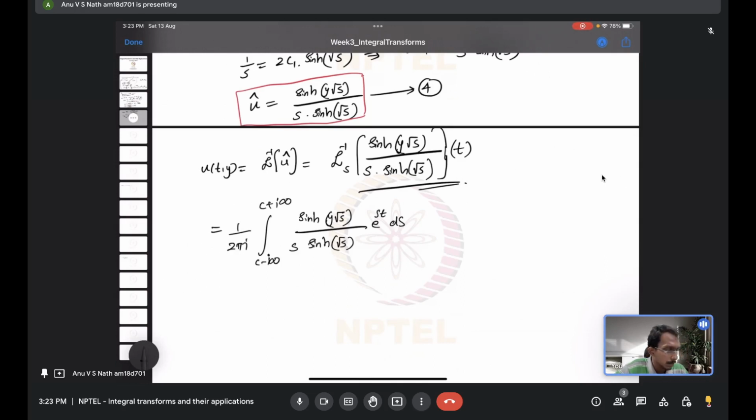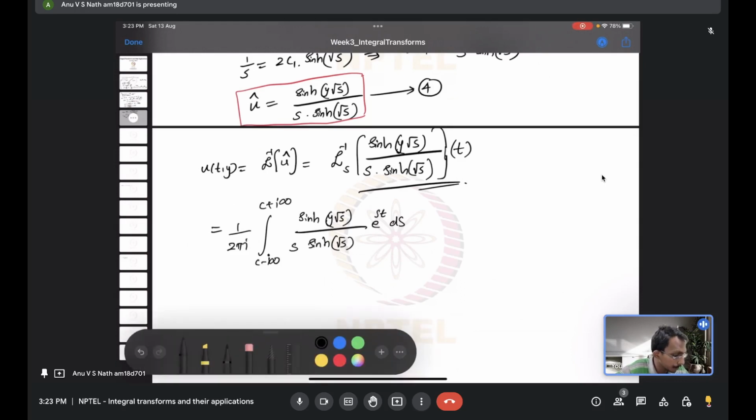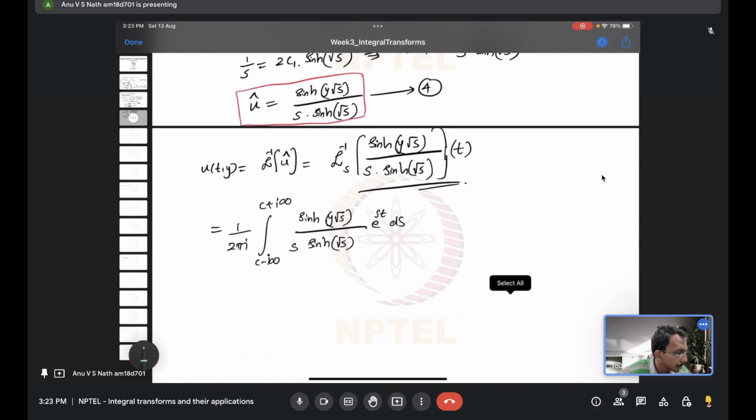This is a formula where c is a real number such that, basically, if we plot the function, let me plot the complex plane first. So we have real of s here and imaginary of s. This is the complex plane of s.